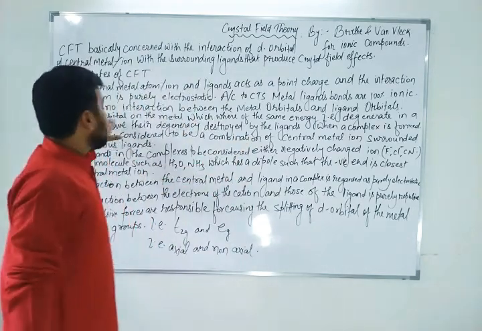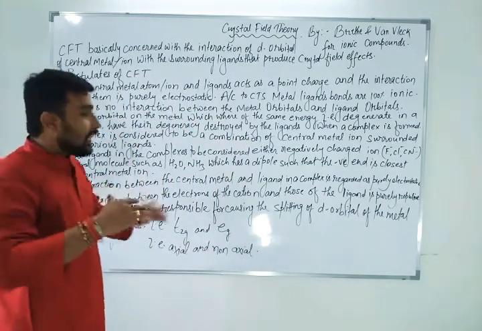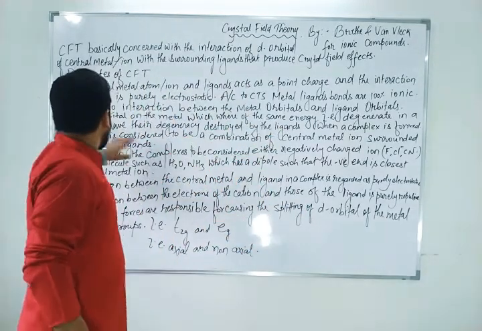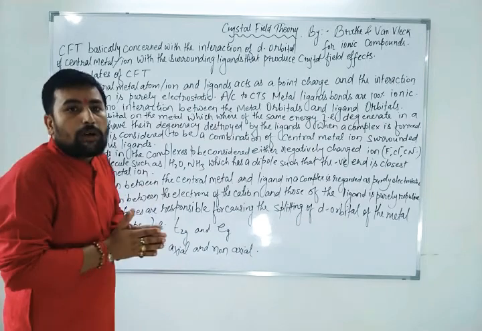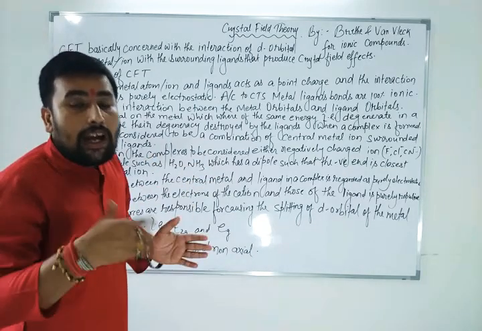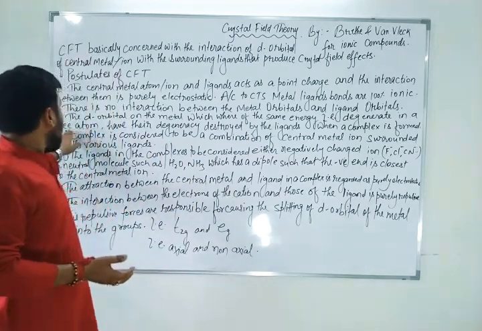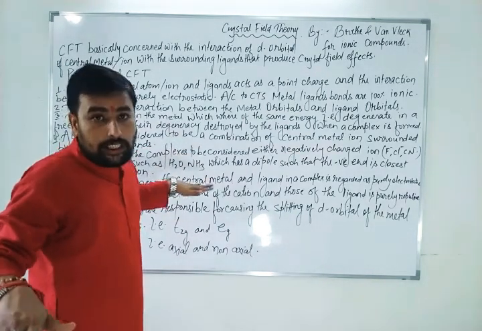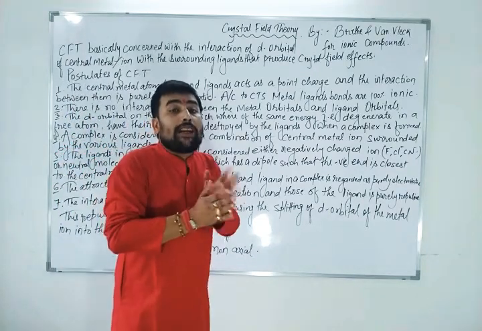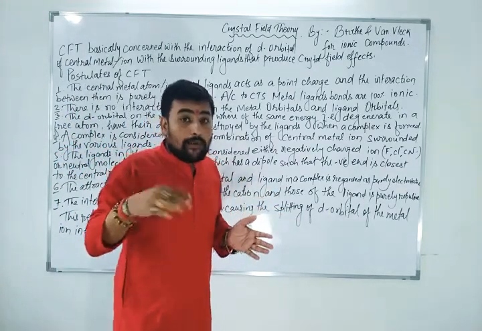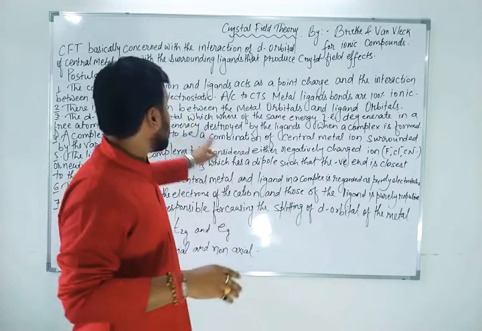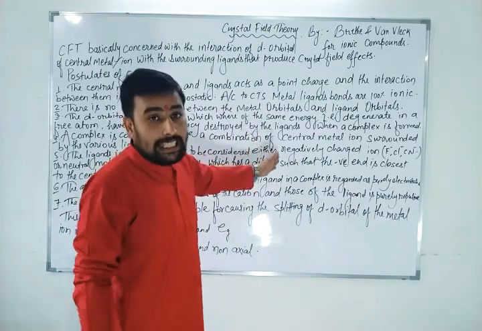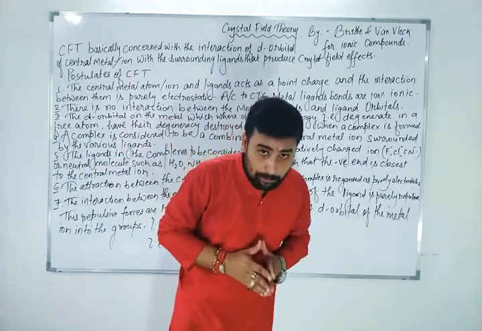Each and every d orbital in a free atom has the same energy, that is degenerate. Now this degeneracy is destroyed, meaning the energy levels are varied. Each orbital orientation no longer has the same energy. Why is it destroyed? Because of the ligands.